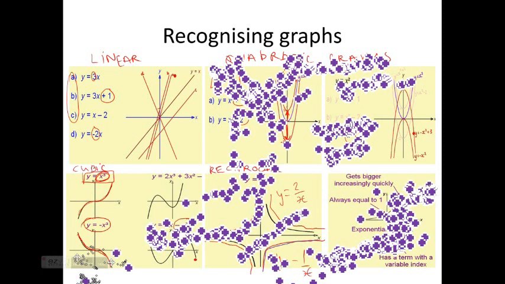Here it is. And the last one, we said it's an exponential. They always look like this. It's the one we've been discussing on the previous page. So y equals 2 to the power of x. And that was it.